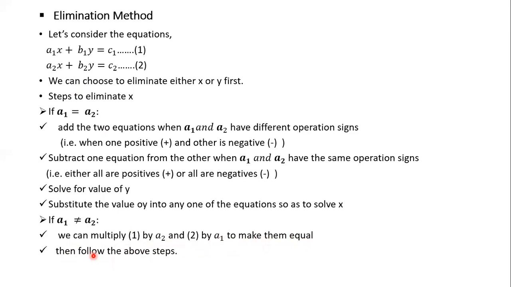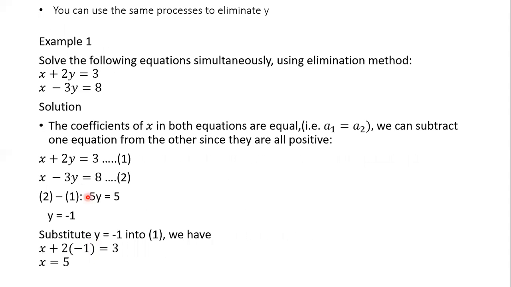If they have different signs, then we add. And then we also solve for y and do the necessary substitution. I hope you are following. Good. So you can also do the same thing in case you want to eliminate y. The same principle: check the coefficient of y, see if they're the same, and so forth. Let's look at example 1.